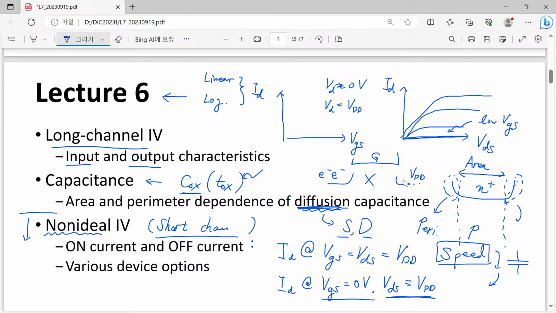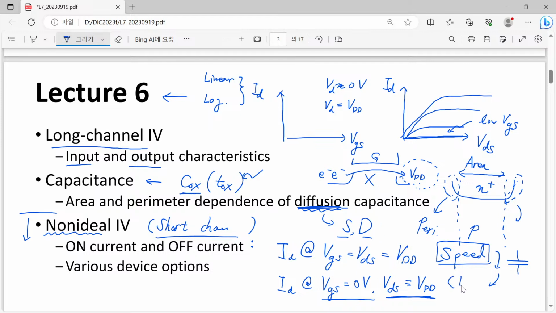So if this drain voltage is too high, then even though the gate does not allow current conduction, current conduction occurs.